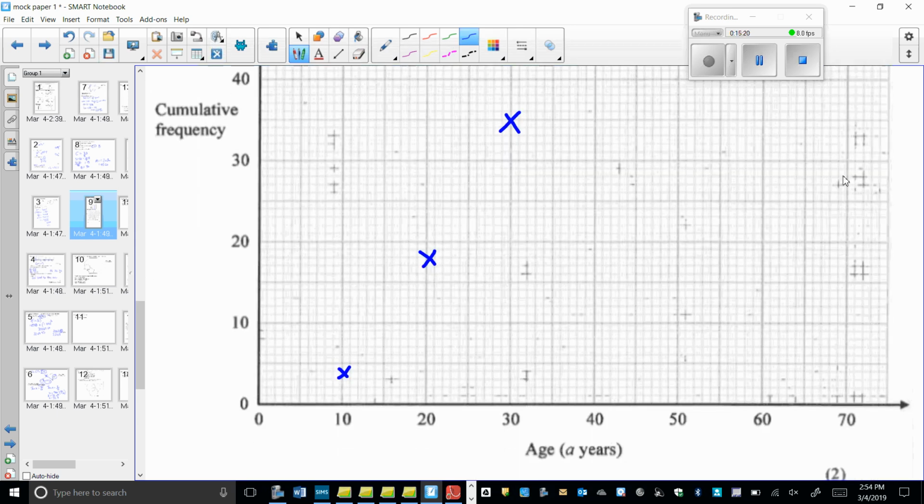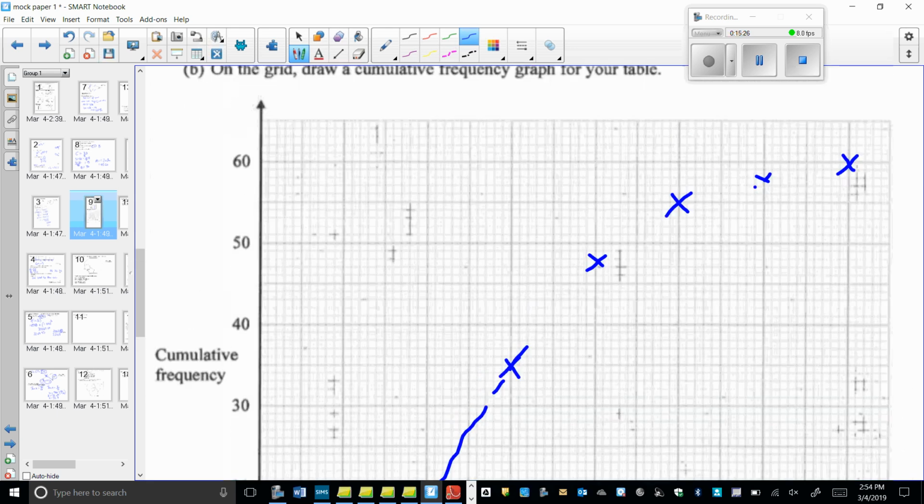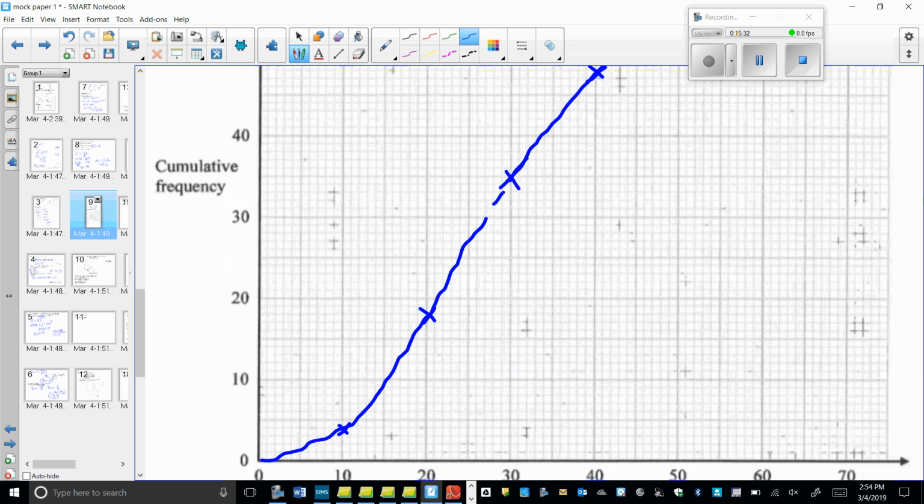Okay, so ideally do a join from 0, 0. Alright, so there's your frequency graph.